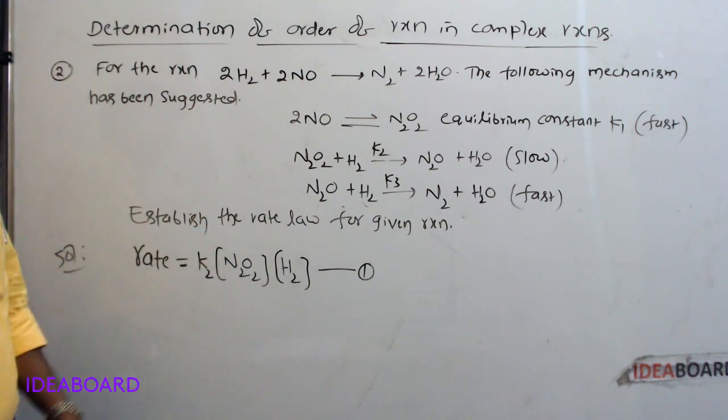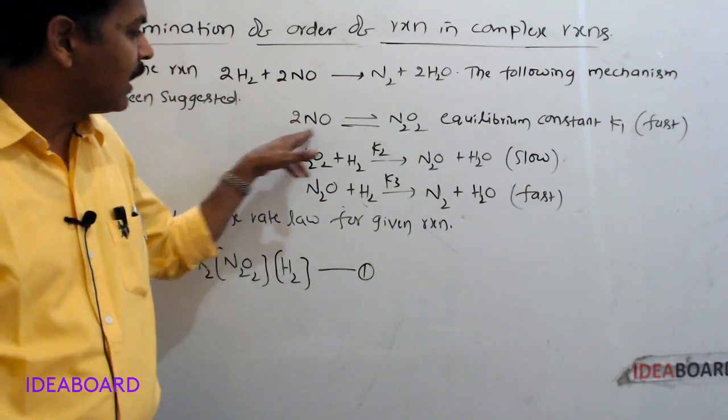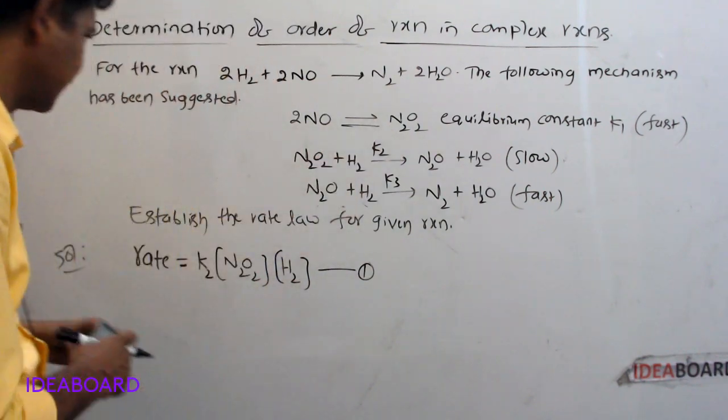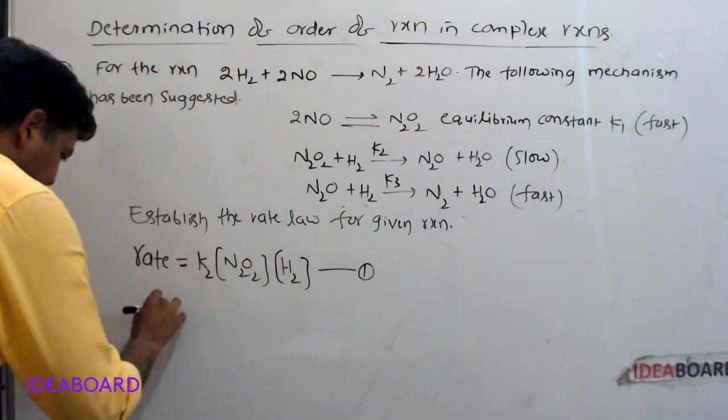For that, apply the law of mass action for this reversible reaction. The equilibrium constant is given as K1.